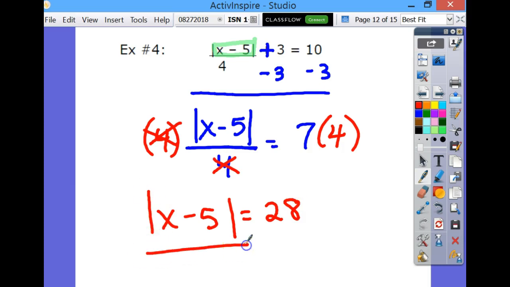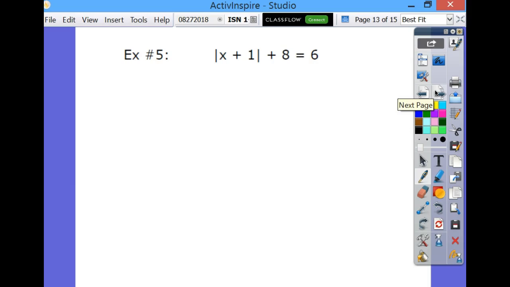Now, this is isolated. After you isolate the absolute value, then you have a case 1 and a case 2.